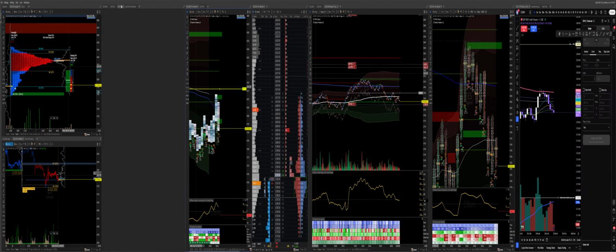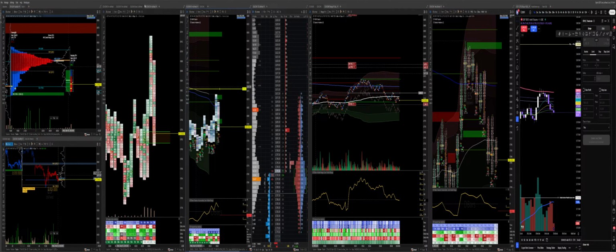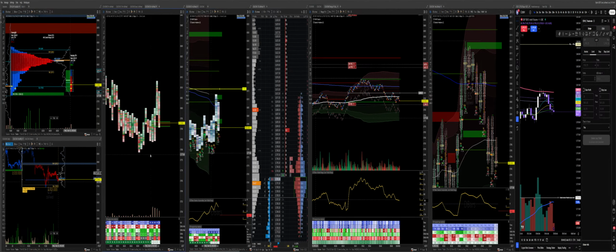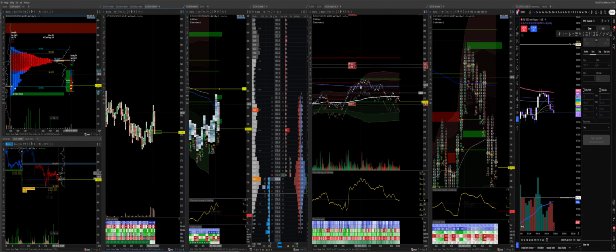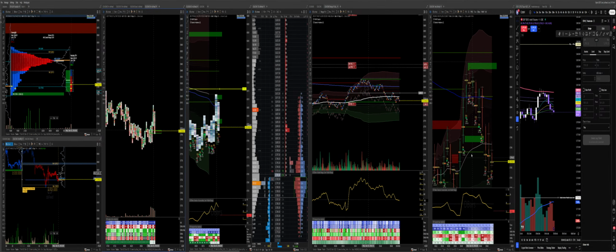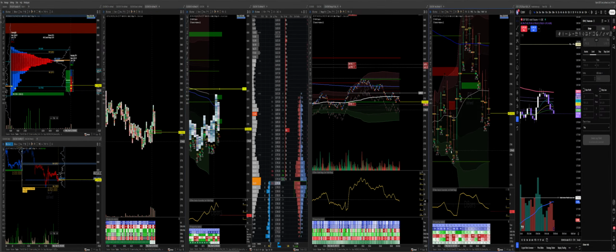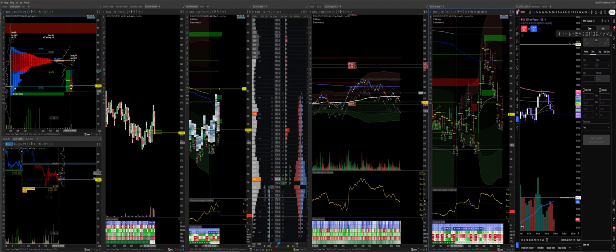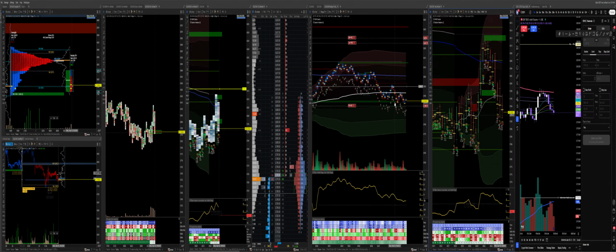So far we're not in a trending market. We're more going from initiative to initiative. We're not trending yet. We've been just going from one side to another. We started at the bottom, we went high, and we go back to the bottom, literally back where we started, which is previous day POC.